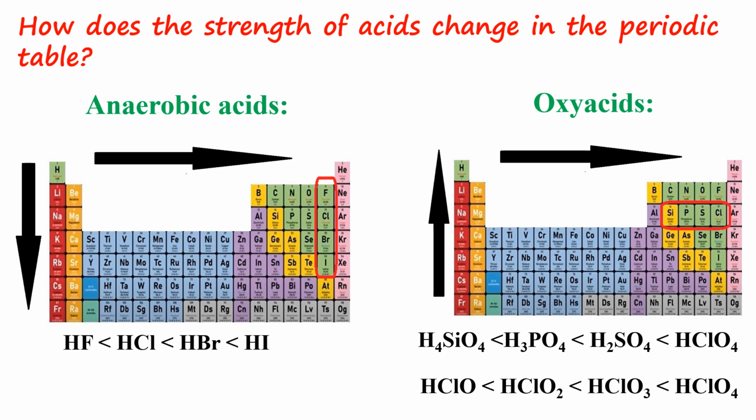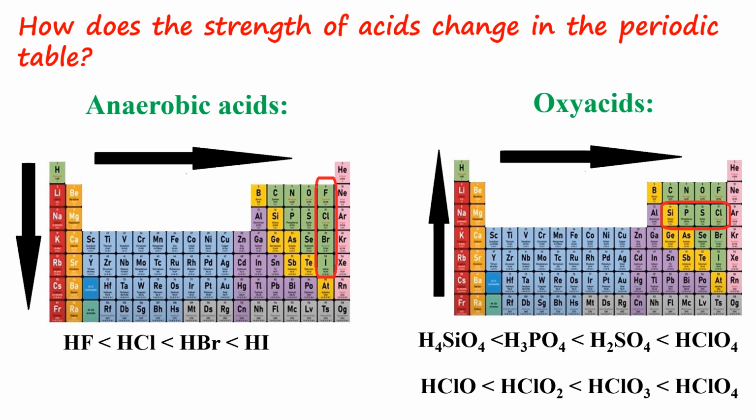In oxygen-free acids, the strength of the acid increases as the electronegativity of the central atom decreases. Therefore, the most electronegative fluorine creates a weaker acid, and the least electronegative iodine creates a stronger acid. Looking at the arrow, the power increases down a given group.